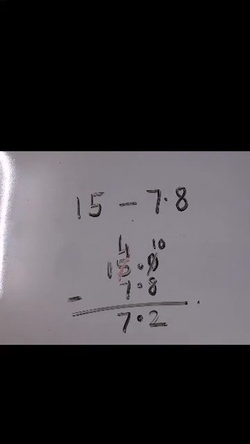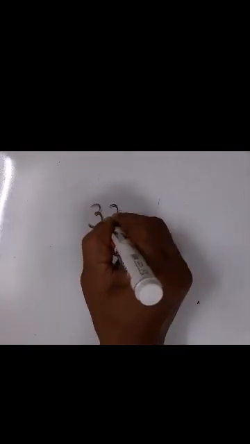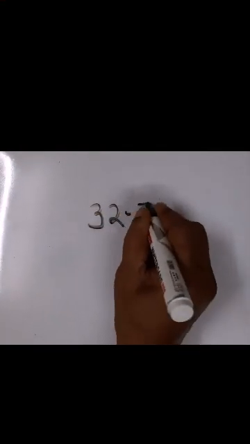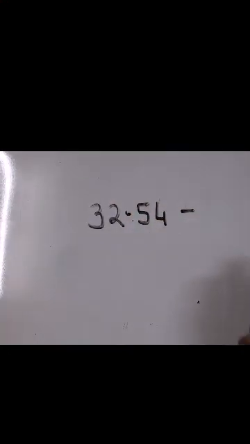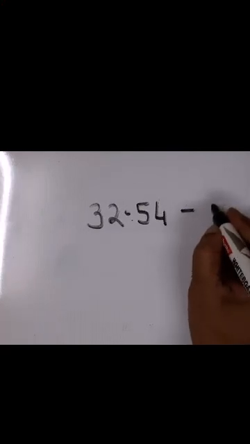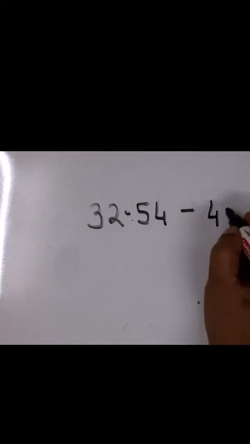Let's take something else. How about 2 numbers? Let's take 32.54 less 4.3.